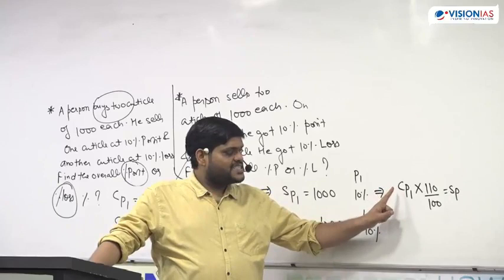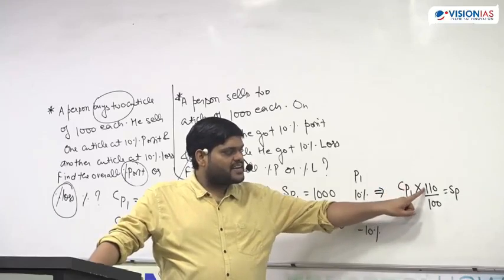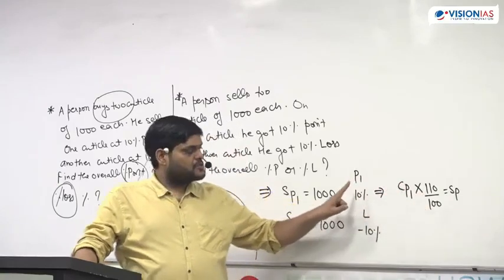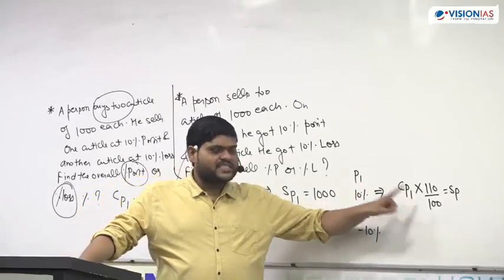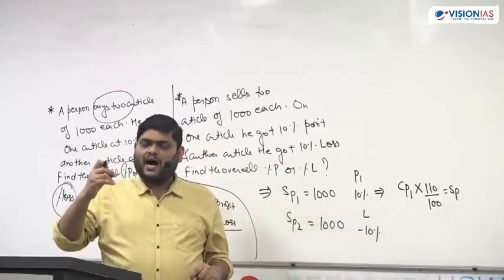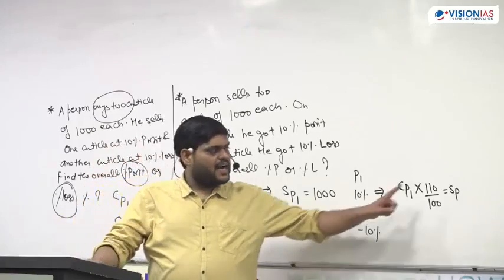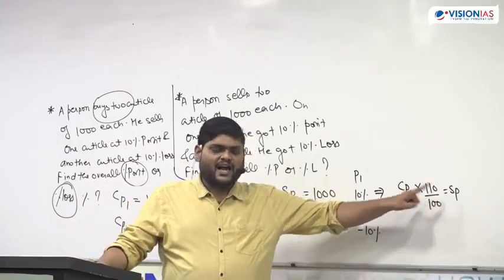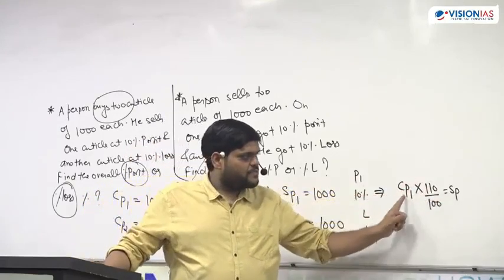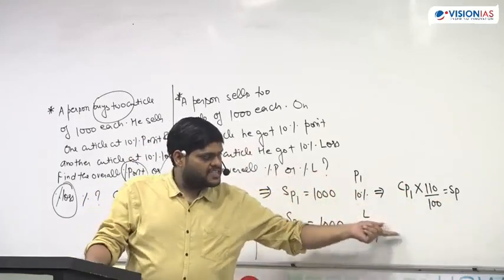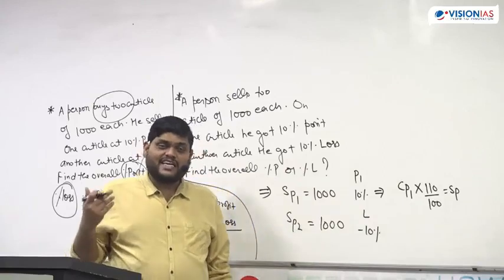How? CP1 becomes 110%, because profit is given as 10%. So when profit is 10%, the cost price becomes 110%, and that is equal to SP. SP is given as 1000. So we can put this value and find out CP1, similarly CP2, but it's a very lengthy process.